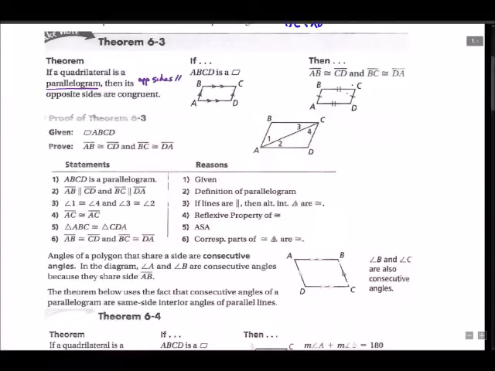So if we have a quadrilateral and opposite sides are parallel, so we have a parallelogram, then opposite sides are congruent. So if we have a parallelogram here, we can automatically come over and mark our opposite sides congruent.